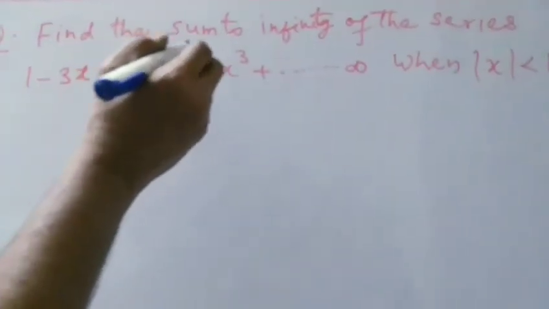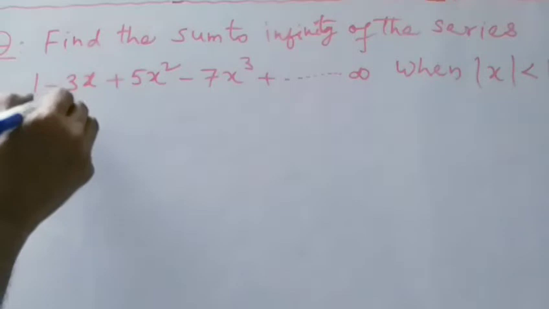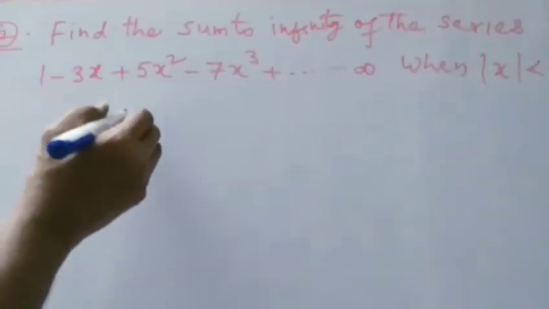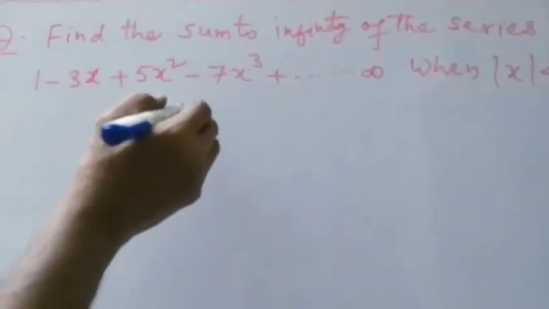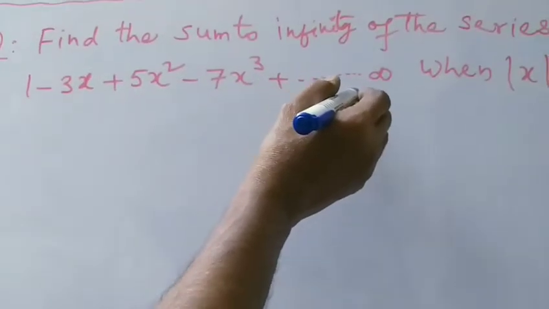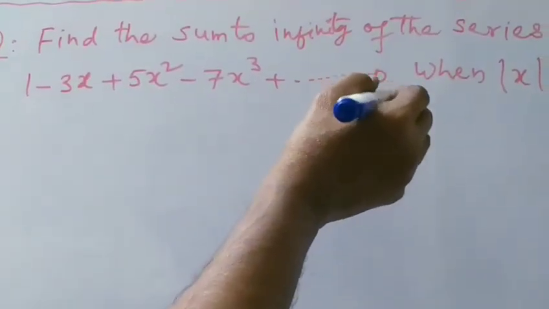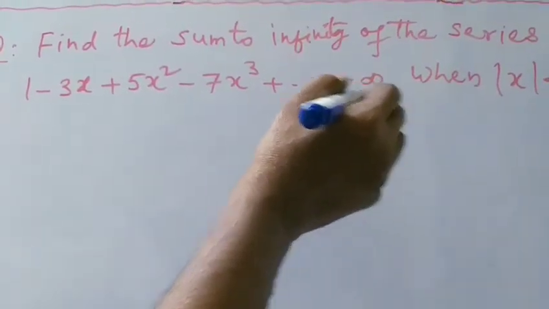Find the sum to infinity of this series 1 minus 3x plus 5x square minus 7x cube plus and so on up to infinity when modulus x is less than 1.